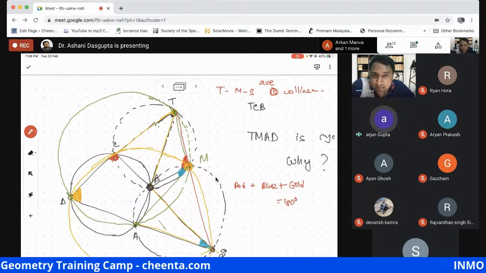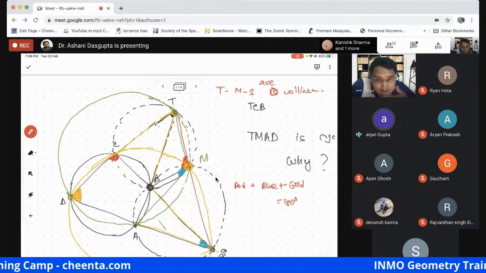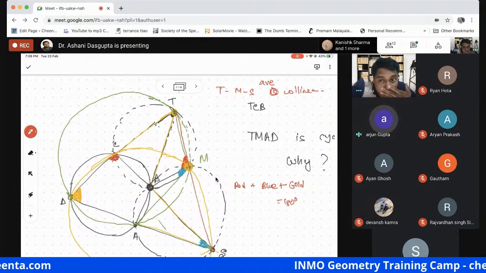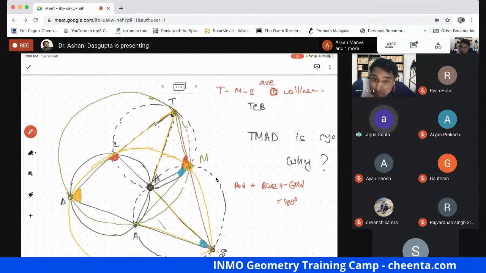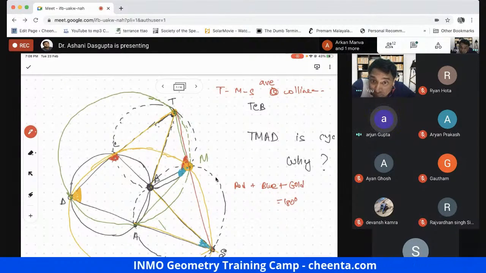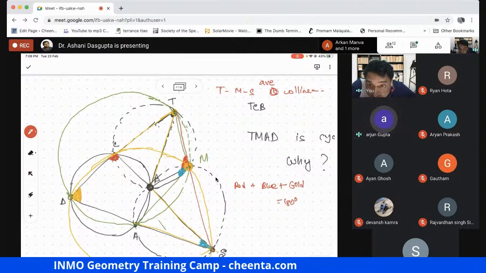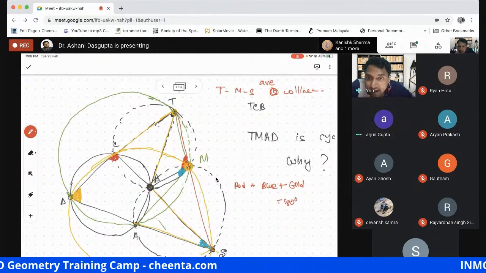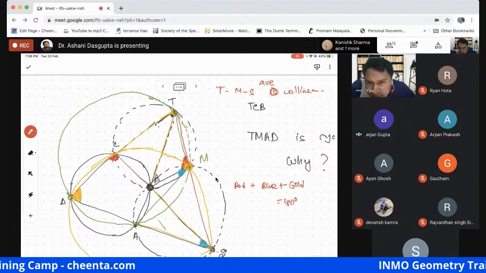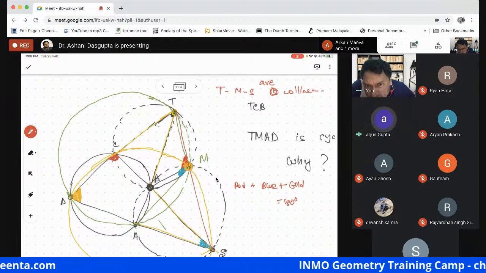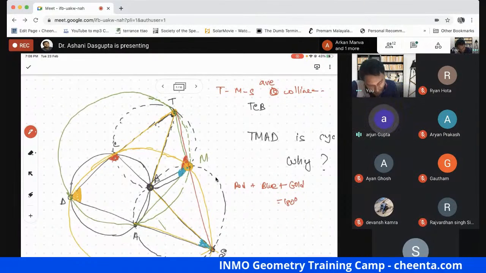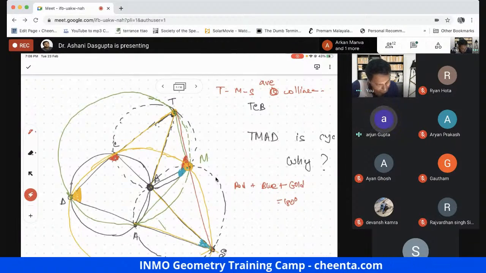Yes, sir. This also follows because with normal angle chasing we can show that angle AMS is equal to the golden angle. Why? Because the golden angle is equal to ABS, and ABS is equal to AMS because of the cyclicity.